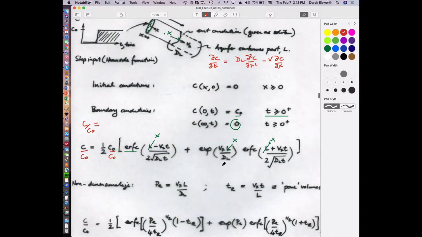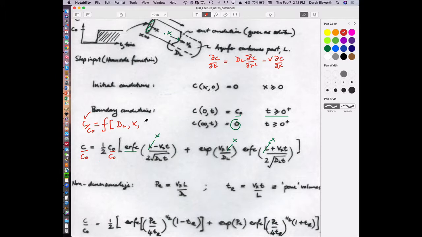And so what we could do is look at what are the parameters that control behavior. Clearly, concentration is one of them, but we've taken that on the left-hand side. Clearly, dispersion is one of them. Clearly, length is one of them.